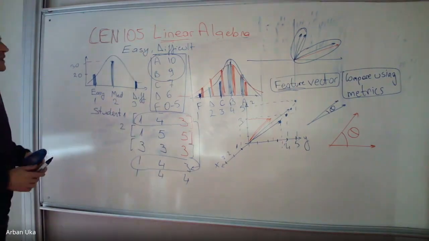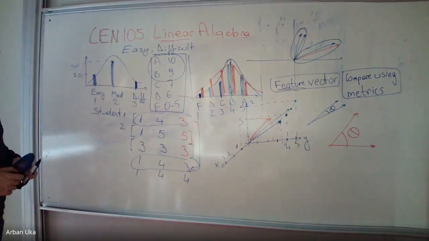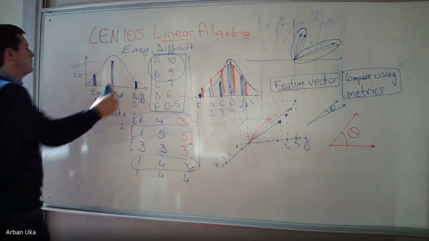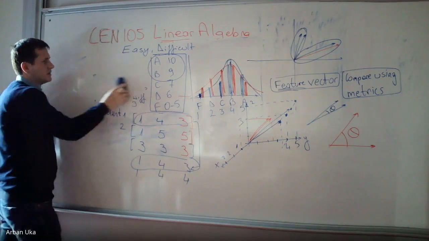This is why we may need to use this mathematical construct, which in this case we call a vector. We can have constructs which are a little more complex than vectors, which we call matrices. Let me erase this part.